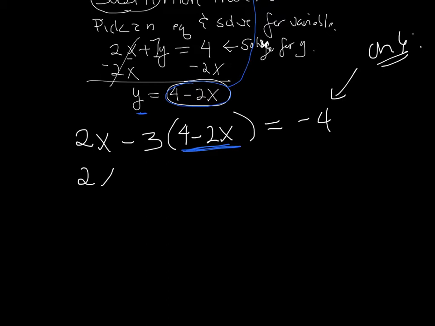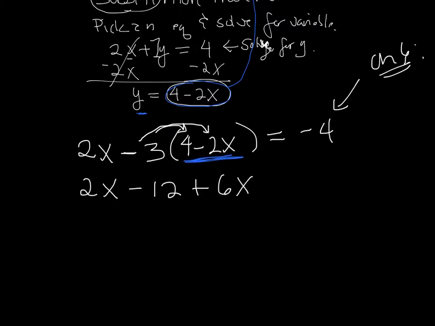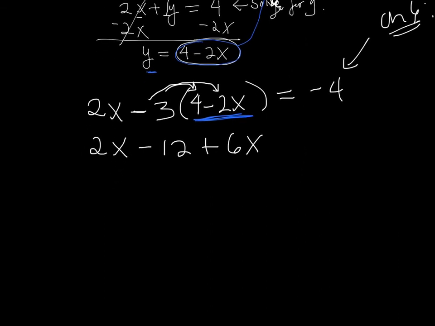So we have 2x, and if I distribute -3 times 4 is -12. -3 times -2x is positive 6x. Okay, make sure that negative times a negative gives you the positive, because there were quite a few mistakes on that on the test.